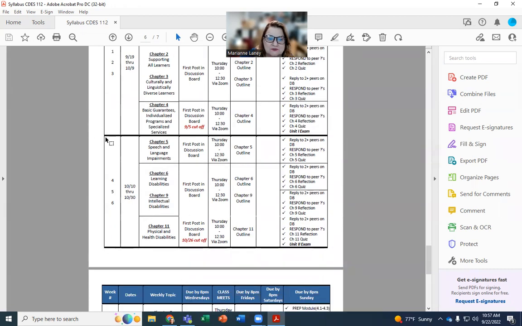So unit 2 is weeks 4, 5, 6, but we talk about the things that are more common in our community, things that we've seen before, things that we've heard before, things that we're more used to. So things like speech and language. Sometimes little babies talk like a little baby and they have a little O and a W and things like that.